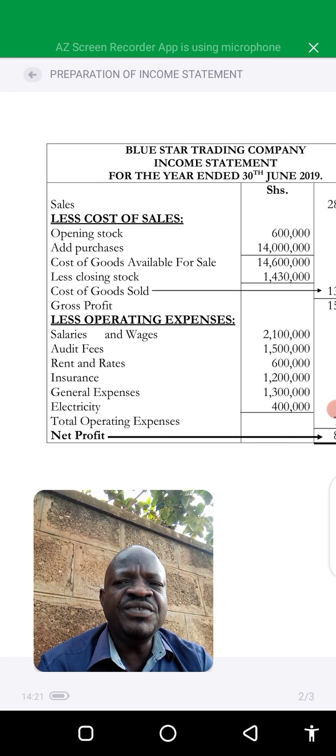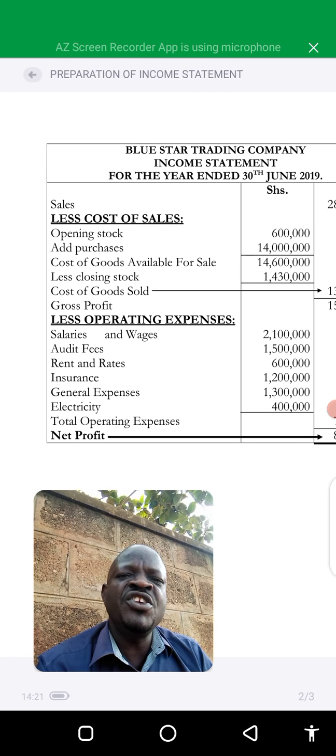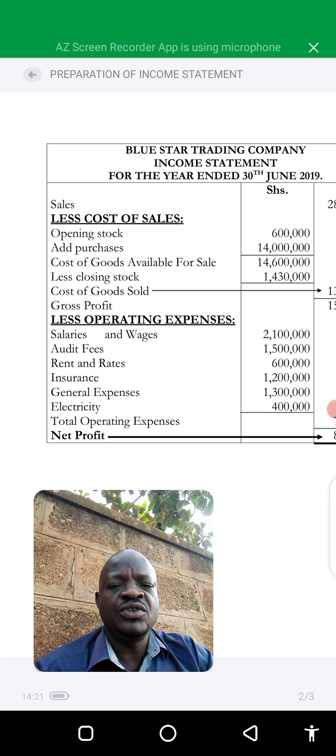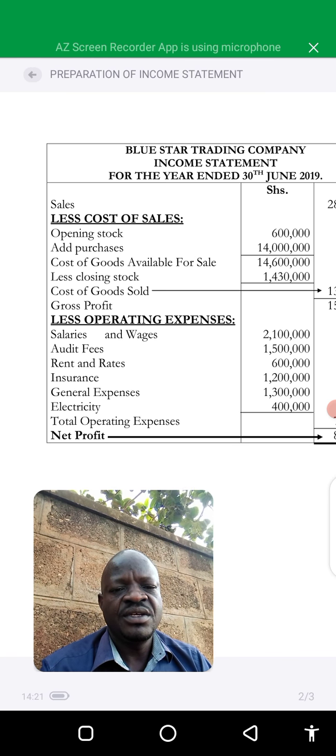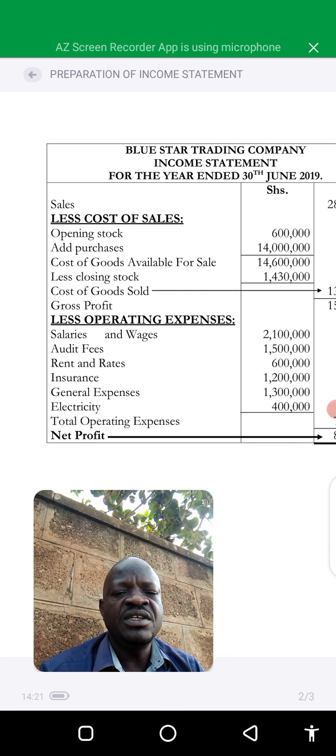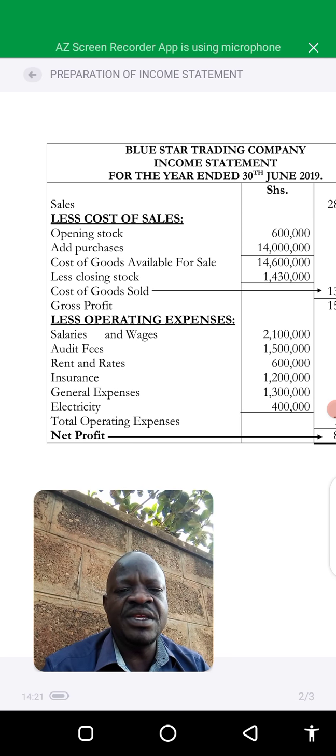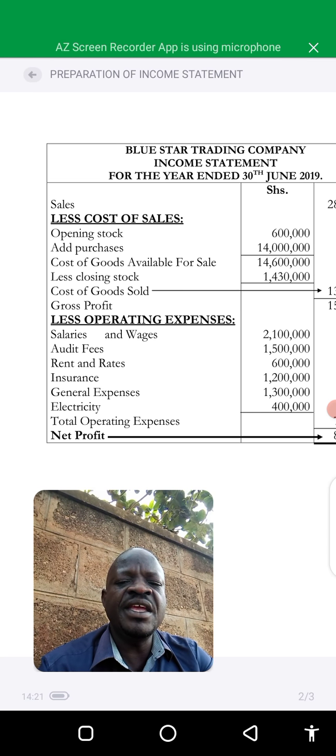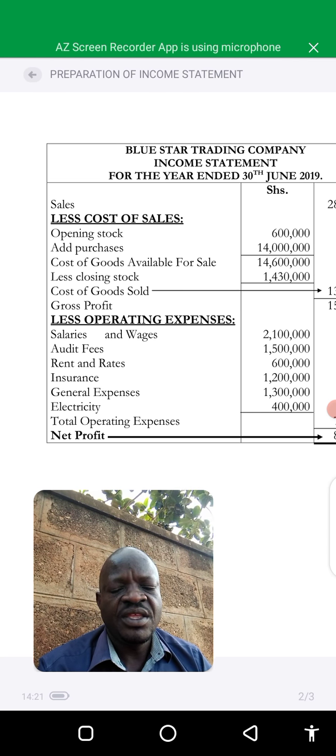1,500,000. Audit fees are expenses you incur when you bring auditors to balance your books of accounts. That is the expense you are paying. The money you are paying them is what you are calling audit fees. We have rent and rates. You are renting premises. We are operating a business. So that is the expense.